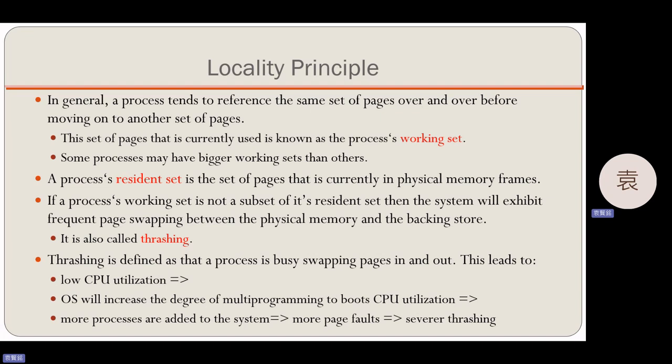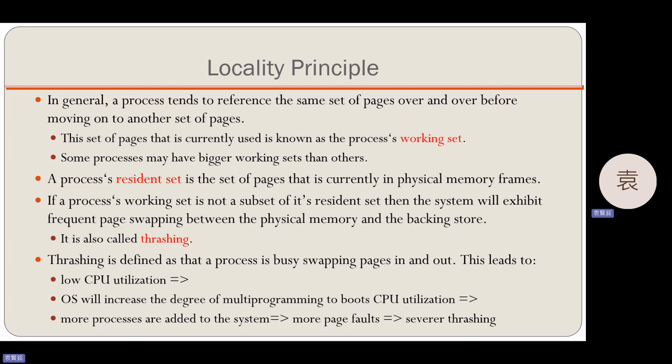On the other hand, if the resident set does not cover the whole current working set, then the process will experience a lot of page faults, because whenever you need a page which is not currently in a physical frame, especially if the size of the resident set is less than the size of the current working set, then you will anticipate a lot of page faults.